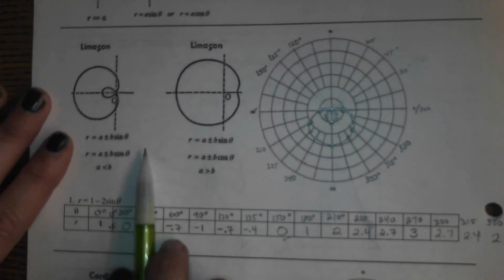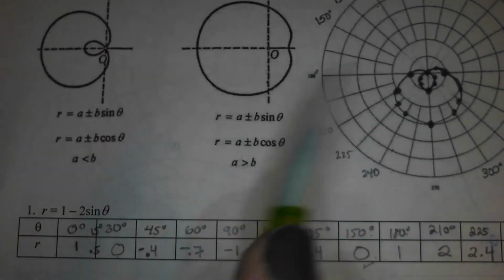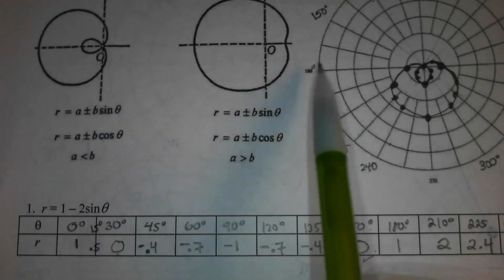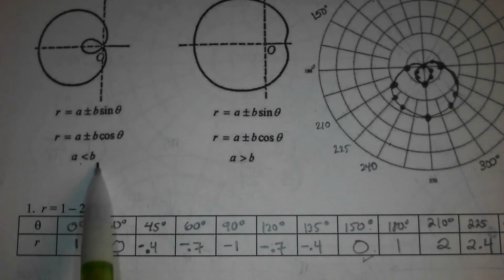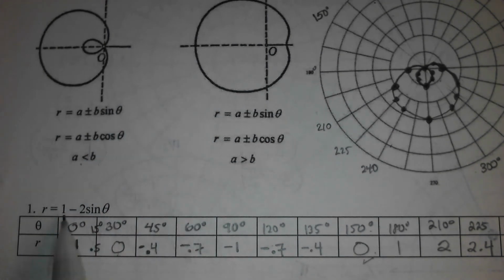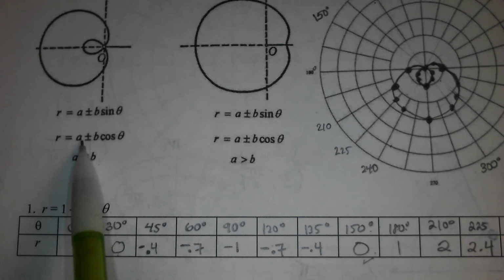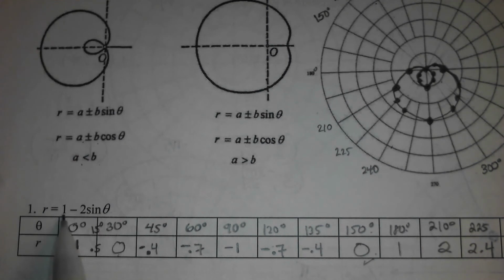So you don't have to memorize these by any stretch of the imagination, but what causes the loop versus the dimple? If A is less than B, so all of these shapes, these limaçons, have this structure: a constant, plus or minus some coefficient in front of the sine or cosine. So in this particular case, our A number was smaller than our B number. Our A was 1 and our B was 2.